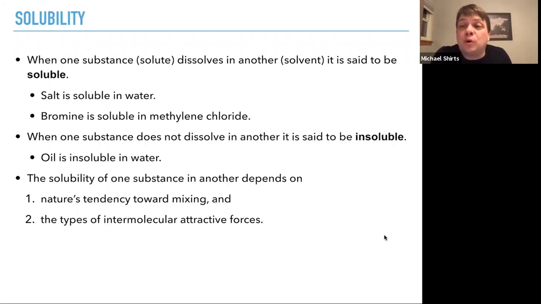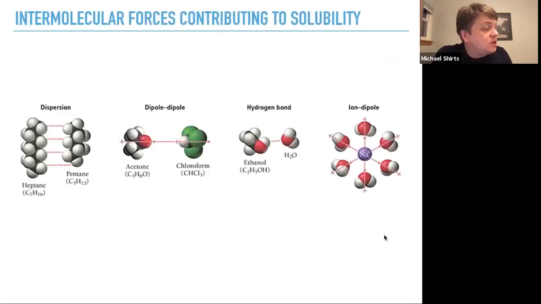There's always a subtle push towards more mixing, but that can be opposed if the energies are too high. The intermolecular forces that we would generally see contributing to solubility are dispersion, London dispersion forces like you'd see between alkanes, dipole-dipole interactions, hydrogen bonds, and ion-dipole interactions. These are all interactions that favor solubility.